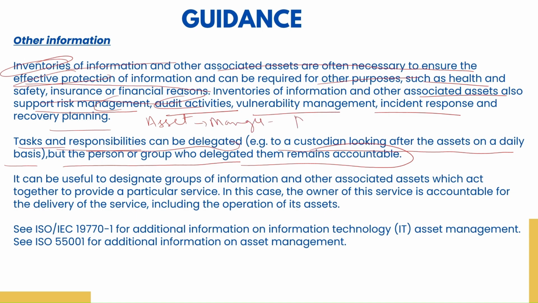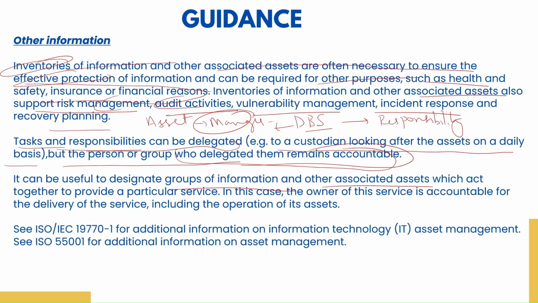If I'm a manager and I have an asset, say my database server, and I give my team members the responsibility to manage it, but if anything goes wrong on the server, I am accountable. That is what it says: whoever delegates remains accountable. It is my responsibility as the owner. I hold accountability for anything that goes wrong with the asset.